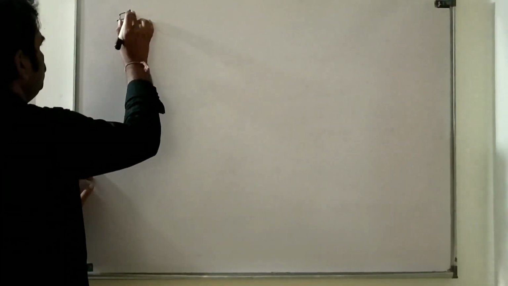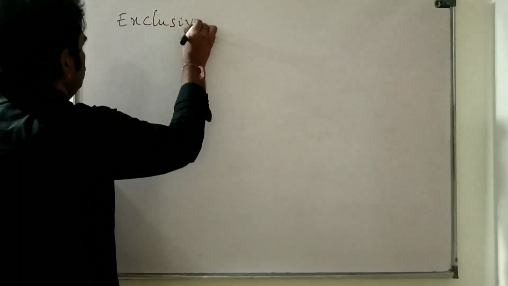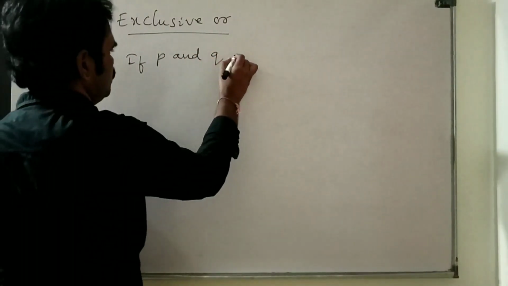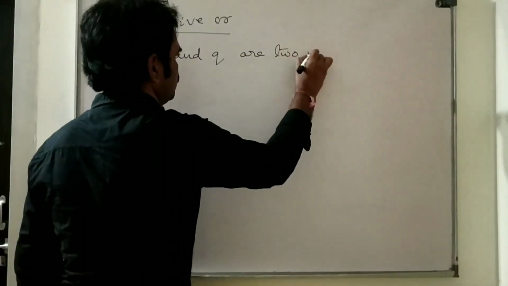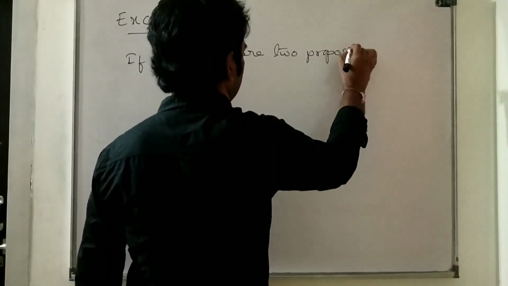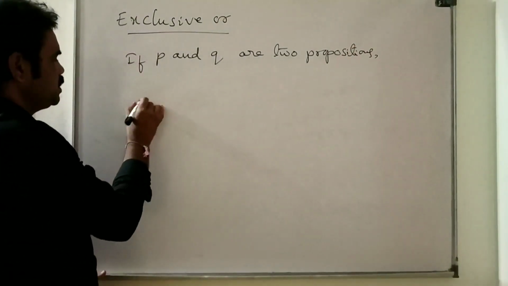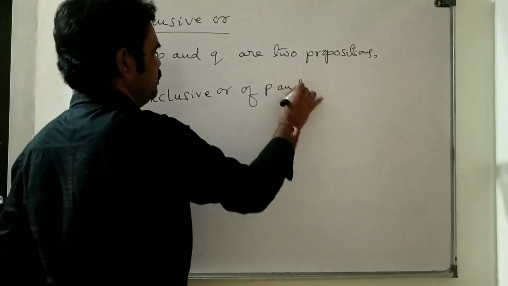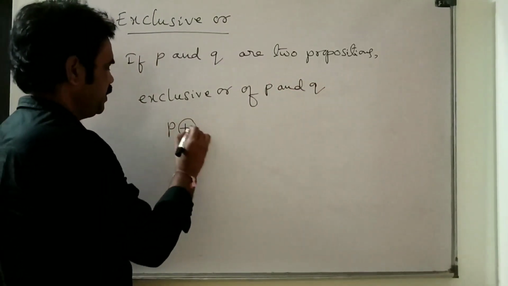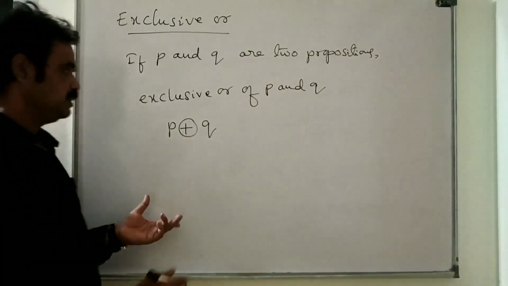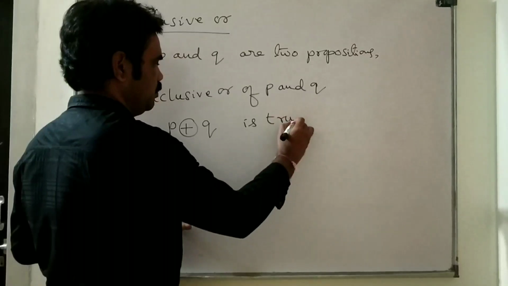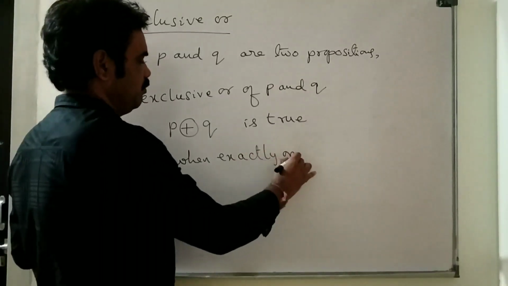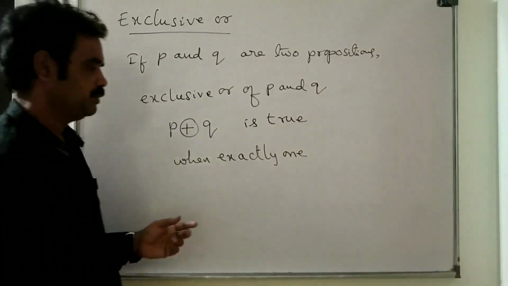Next, exclusive OR. If P and Q are two propositions, then their exclusive OR of P and Q, denoted by P exclusive OR Q, is true when exactly one of P and Q is true.